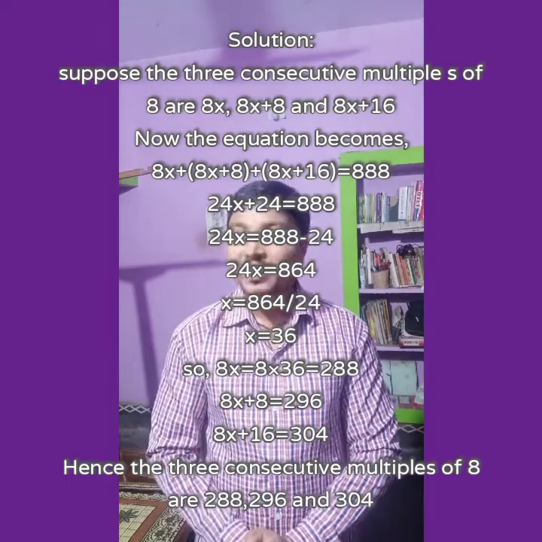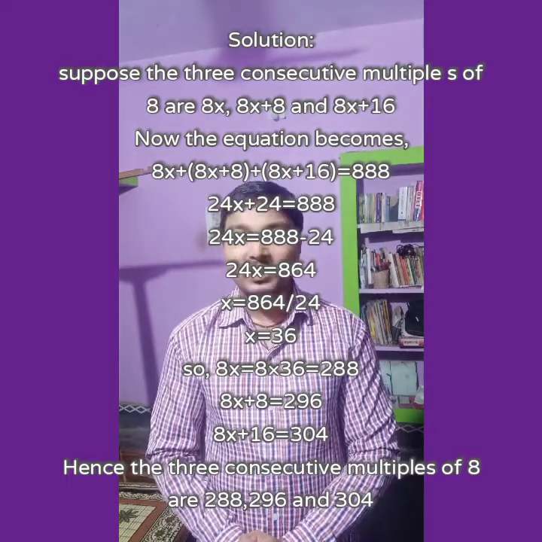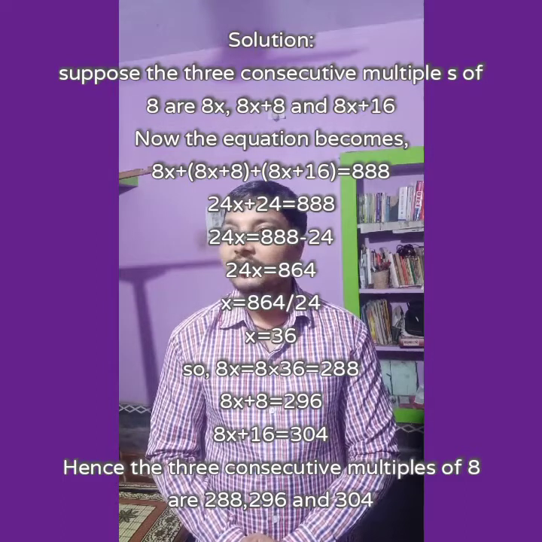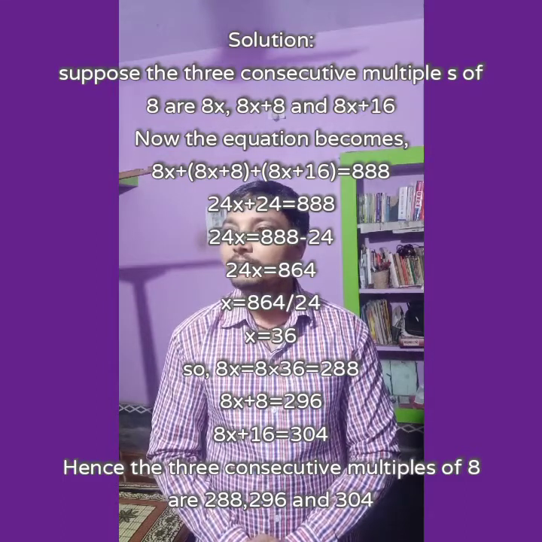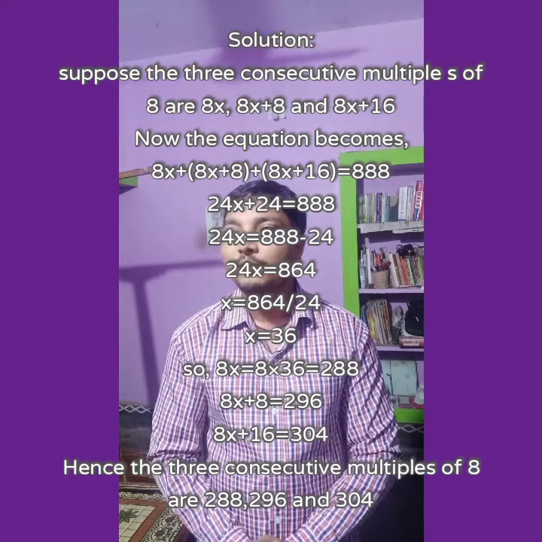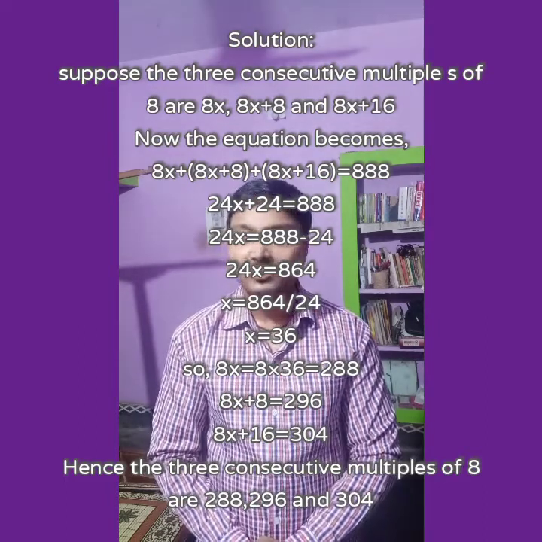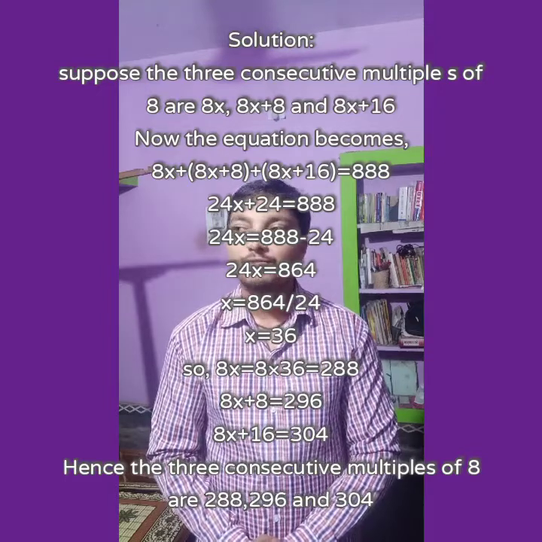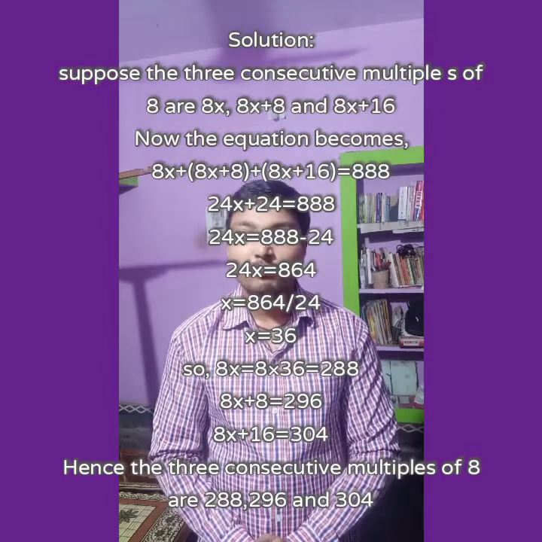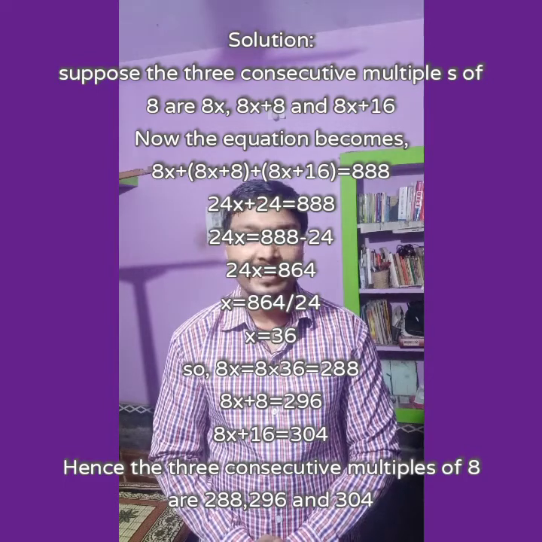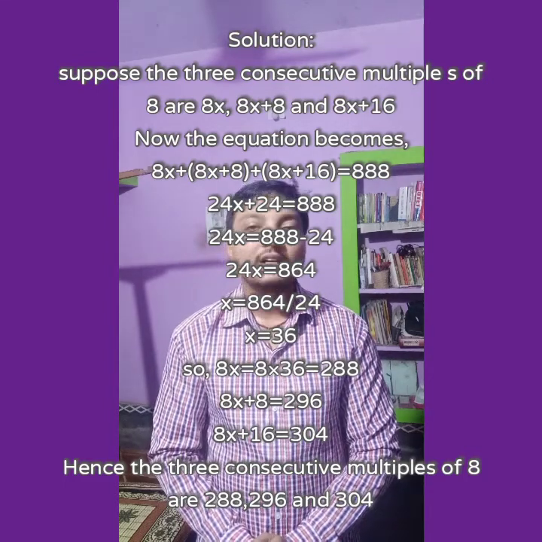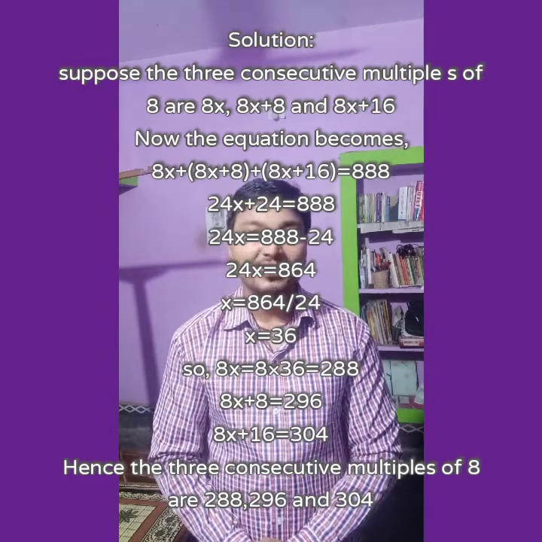Understood or not understood? Then the last multiple is 8x plus 16, which is equal to 304. Whenever we put the value x equal to 36, we get 8x plus 16 equal to 304. So the three consecutive multiples of 8 whose sum is 888 are 288, 296 and 304.